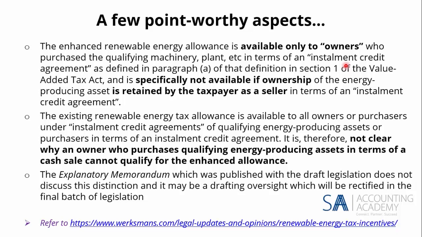But if for some reason the ownership is retained by the seller and doesn't go over to the one who purchases it, then there will be no allowance available to the buyer, the purchaser. This is available to owners or purchasers under installment credit agreements, it also looks at installment credit agreements. So I don't know why it implies, but it's not clear that an owner, if they purchase this in terms of a cash sale, they don't qualify for the enhanced allowance.